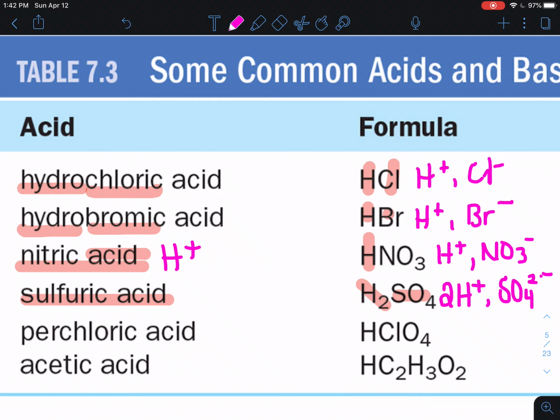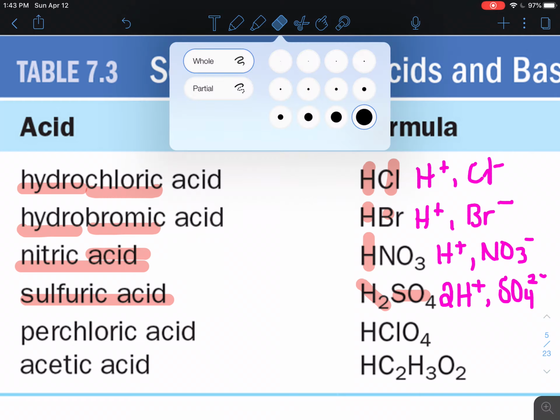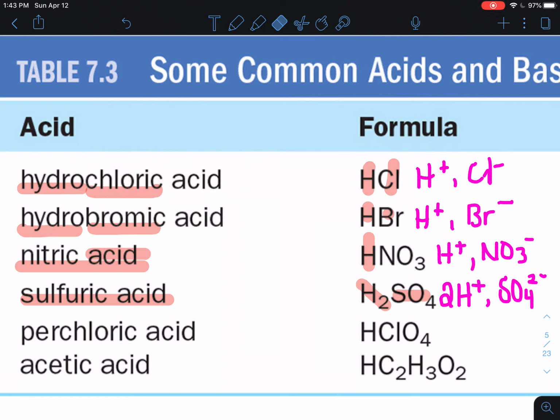Those 2 protons are there to balance out the charge. Again, for acids, we can think about protons as being almost like a metal.